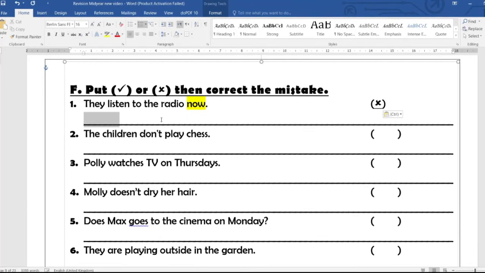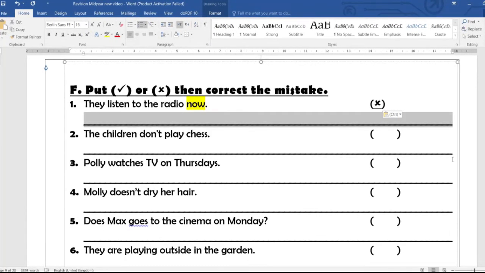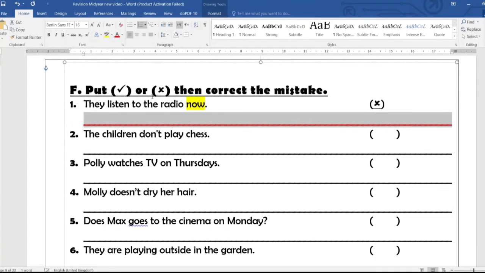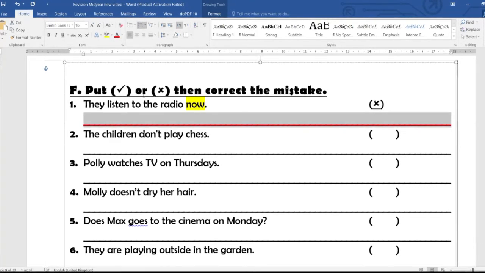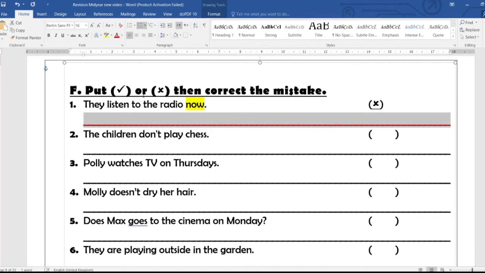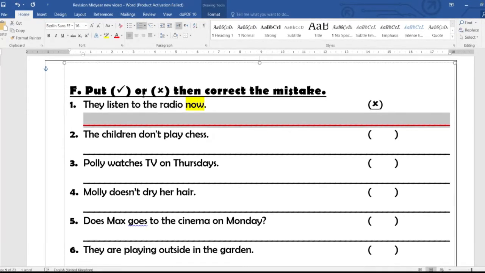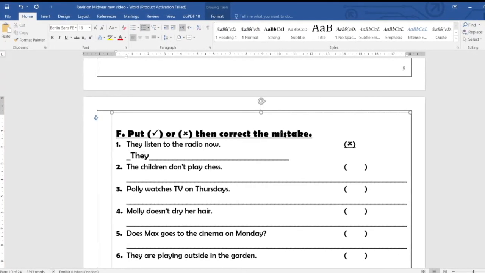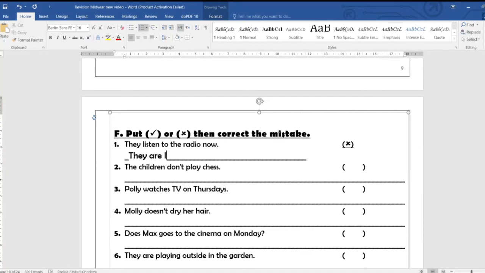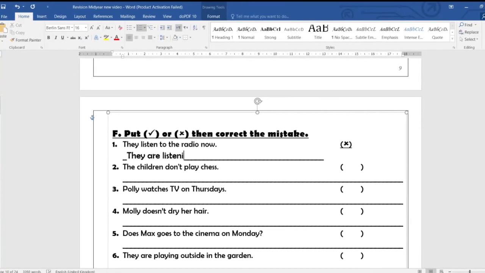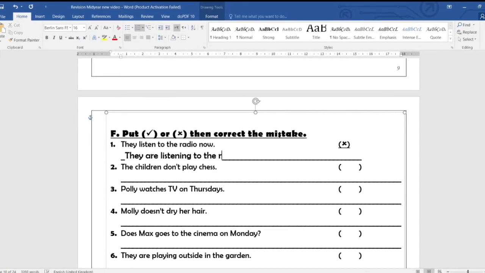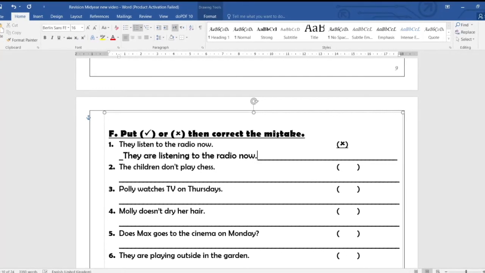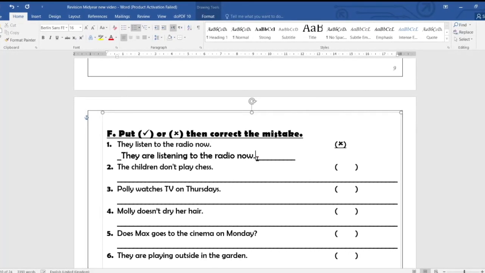Then I need to start correcting it, writing the whole sentence, not just correcting one word. And remember this. I'm going to use the present continuous with they. So I need to say they are listening to the radio now. Okay, easy.